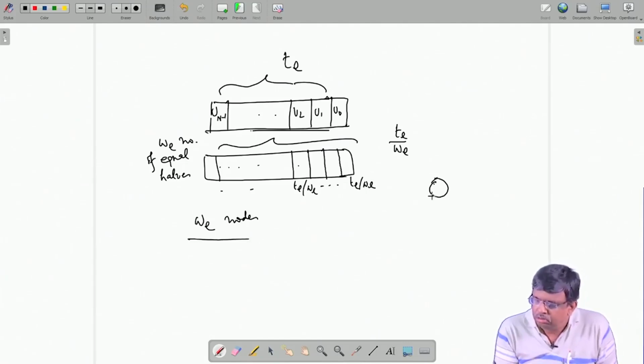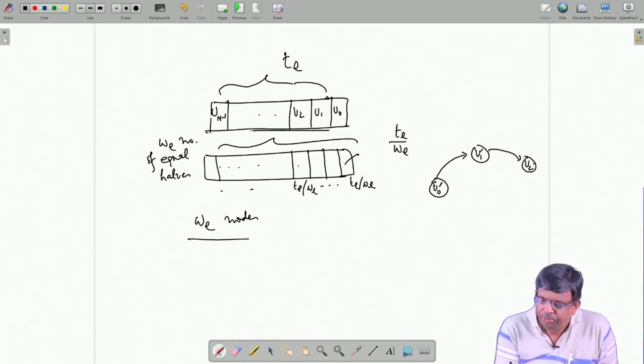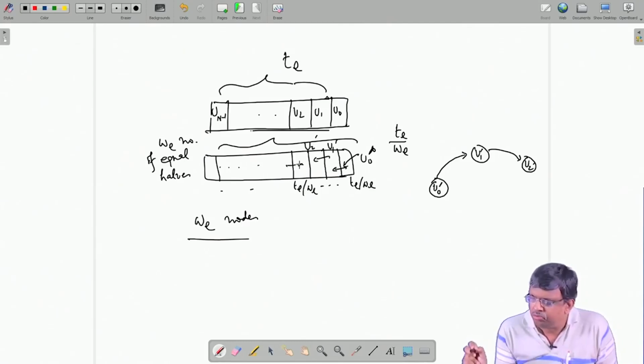So, this is one node, you can call it U0 prime now, because U0 notation has been used earlier, I cannot use the same notation here. Then the next job you call U1 prime, next one you call U2 prime, this is the way. First U0 prime, then it goes here U1 prime, then it goes here U2 prime. I am showing from right to left, and so on and so forth.